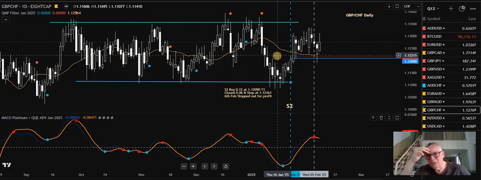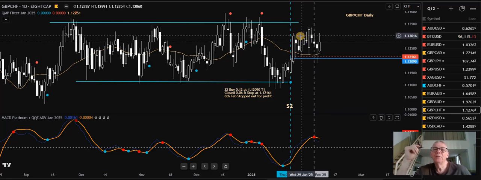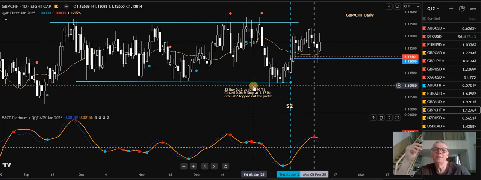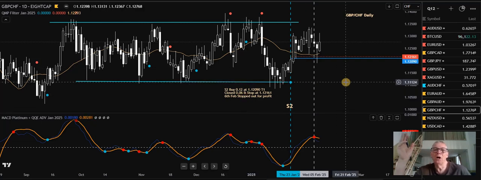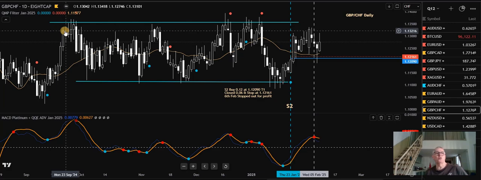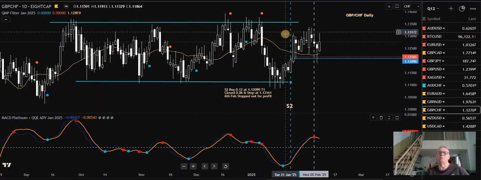Price closed above the 20 simple moving average. So I closed half, dragged my stop up just below that 20 simple moving average and stopped out on that spike down. It's a real bummer because it just popped straight back up. So I stopped out for a profit. No dramas, no trades. And this is the pound Swiss. We've been range bound for a while now.